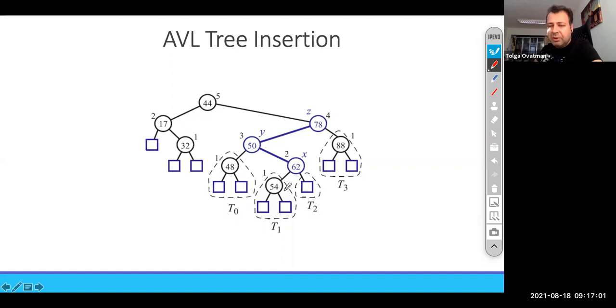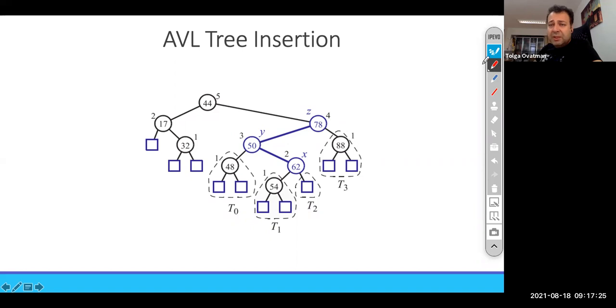Smaller should be on the left. So the address is clear. It's in here. So when you make this, there is an imbalance because now the balancing factors of this one are 5, 4, 3, 2, and this makes a difference of 2 between these two and these two. So these are imbalanced couples.